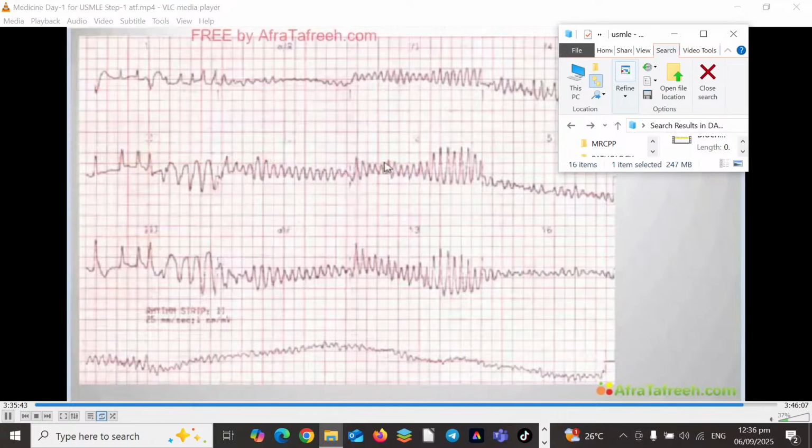The individual contraction, which should be this, has now suddenly changed into this. So when the ventricles start to fibrillate, it is a near death call, because if the ventricles are not contracting, there is no way a patient can be hemodynamically stable. This condition, as rightly said, is ventricular fibrillation.